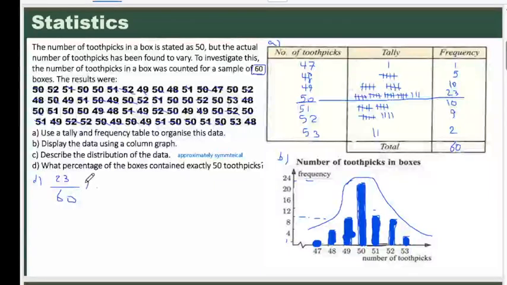Times 100 gives me the percentage of the boxes that contain 50 toothpicks. So it's almost 38.3%.